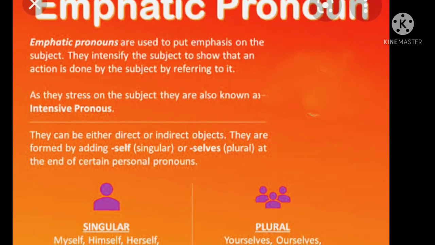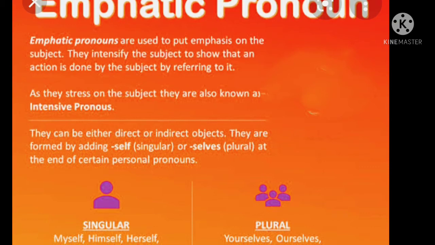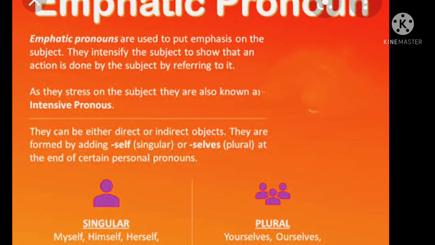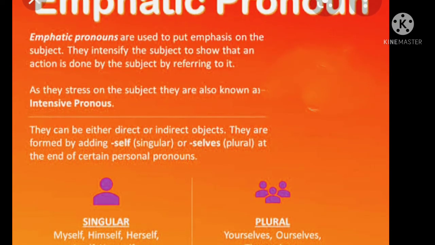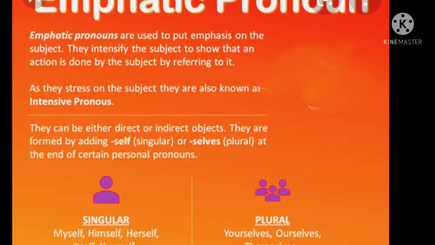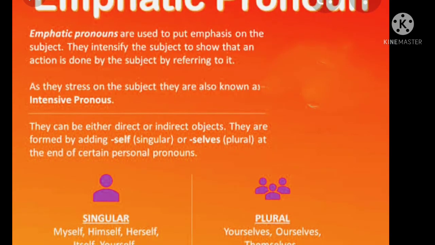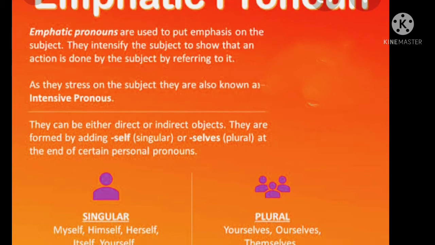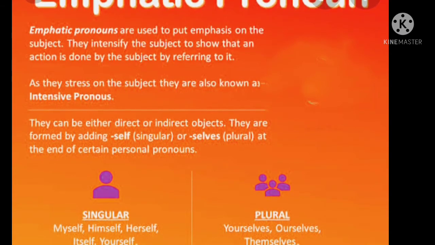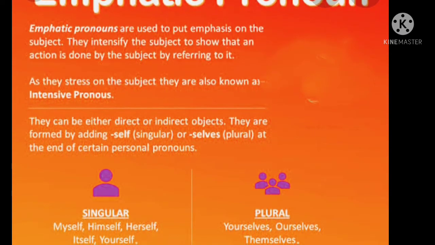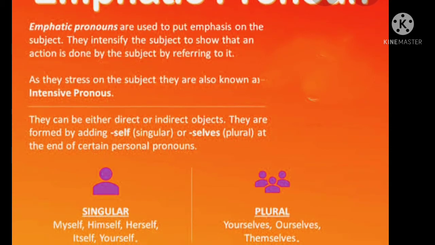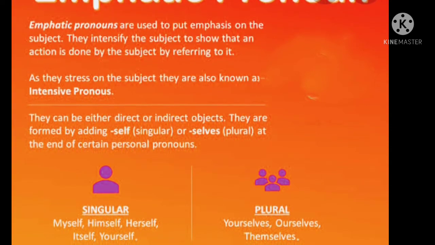They intensify the subject to show that an action is done by the subject by referring to it. Also, as they give more importance to the subject, they are also known as intensive pronouns. They can be either direct or indirect objects.